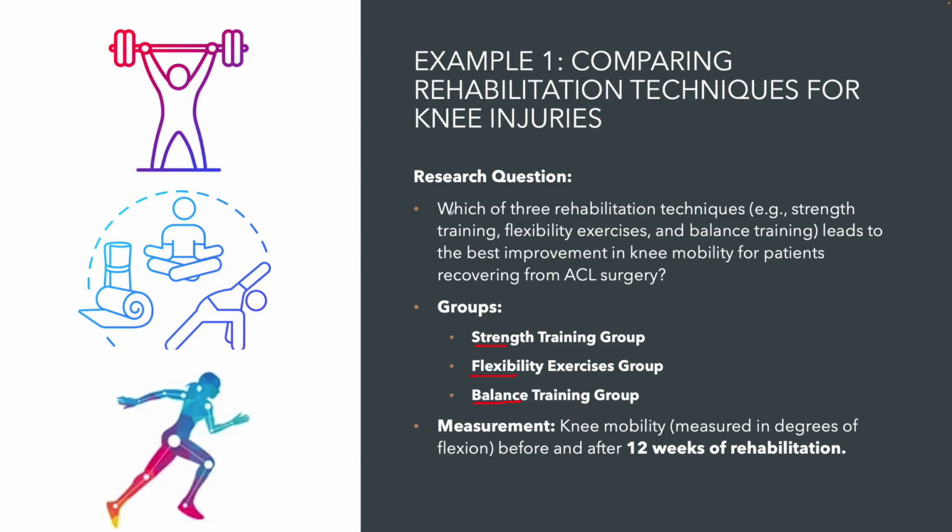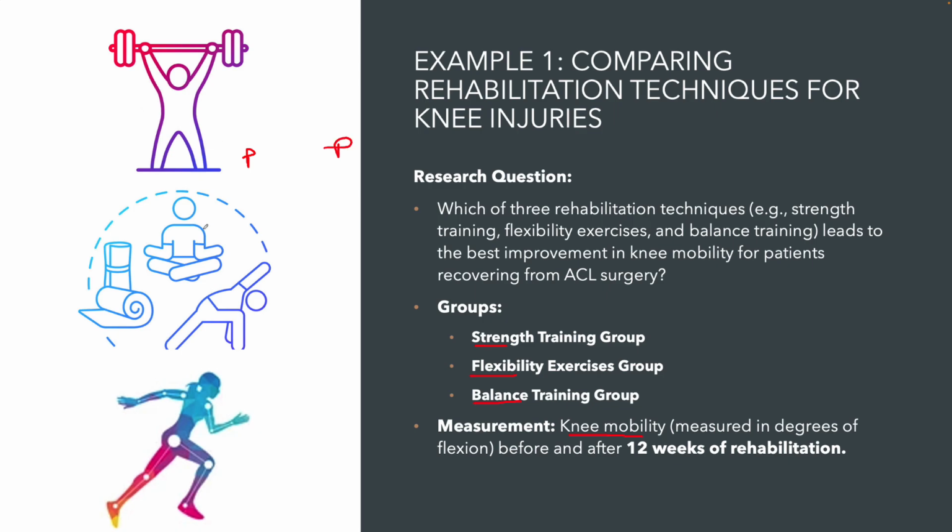So I want to know which one is going to enhance knee mobility before and after 12 weeks of rehabilitation. So I'm going to have a pre, which is before. I'm going to have a post analysis, which is after.